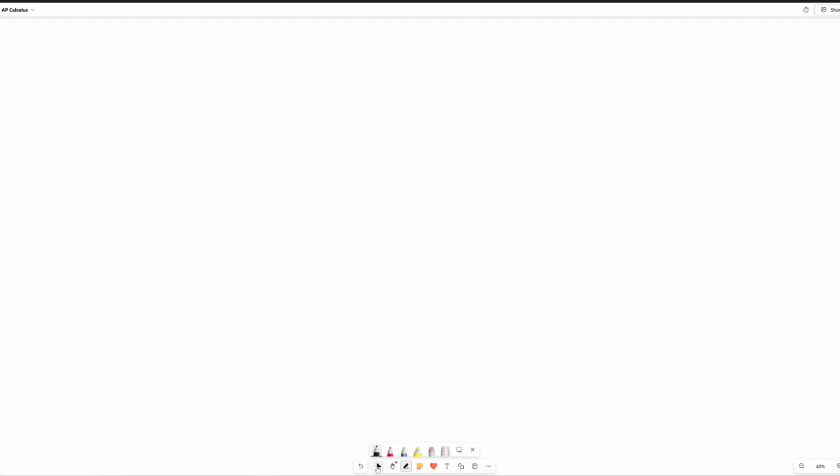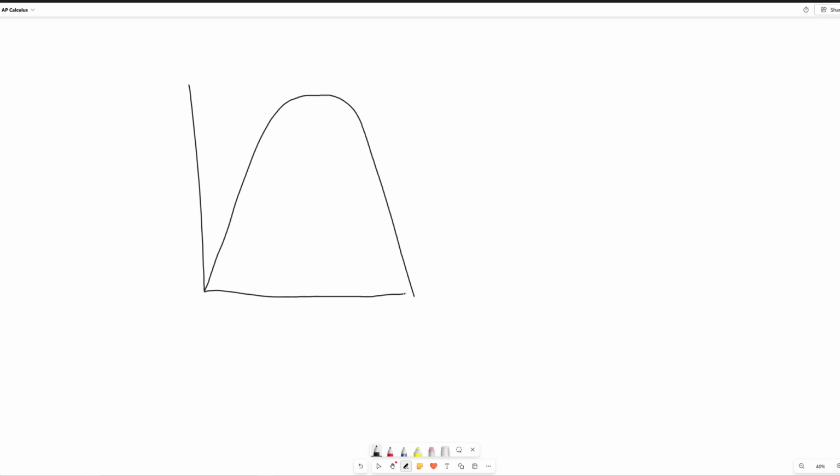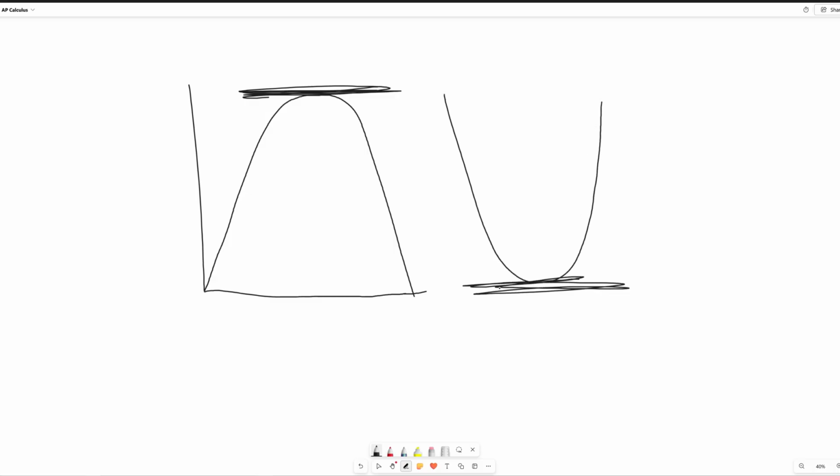So I'm going to first give a piece of information. If you have a quadratic function like this, the maximum of this function will be this. And if you have a quadratic function like this, the minimum will be right here.